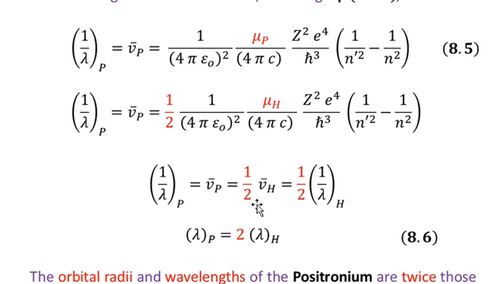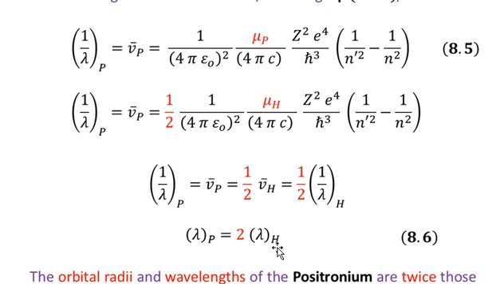That's why I have used this information over here. So if you solve this equation for the value of wavelength, you can write that lambda P, that is the wavelength emitted by a positronium atom, is equal to twice that of the wavelength emitted by the hydrogen atom.